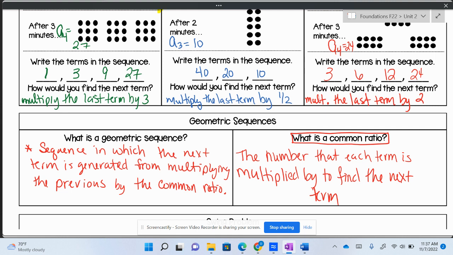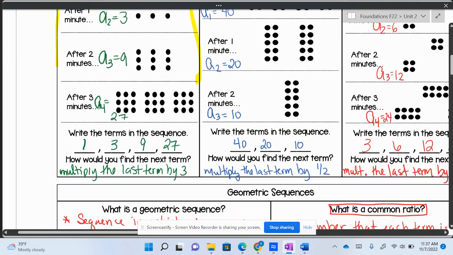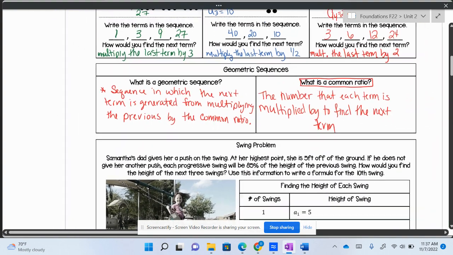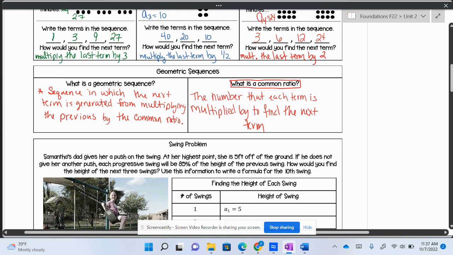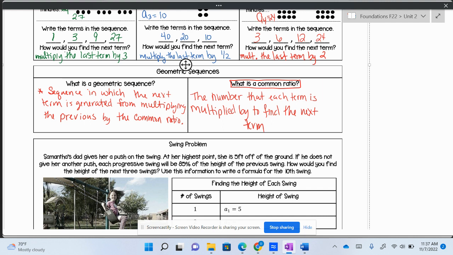In this little spot that says common ratio, where we define that, we have a little bit of room there. And I want to tell you that the common ratio abbreviation is R. If you don't recognize what's happening right away, like in the pictures that we just did, you guys were able to see exactly what was happening.